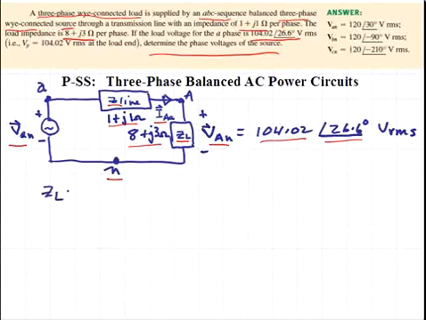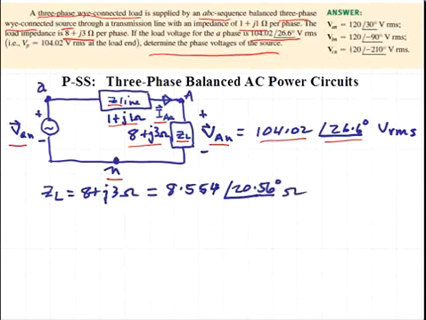So Z sub L is equal to 8 plus j3 ohms, which in polar form is 8.554 at an angle of 20.56 degrees ohms. Now we can solve for that line or phase current.